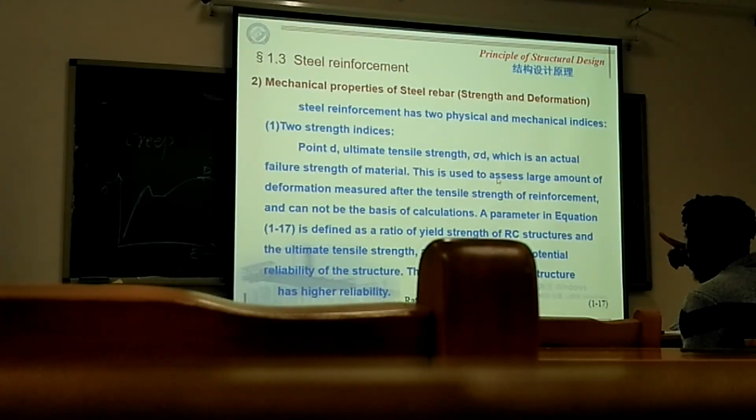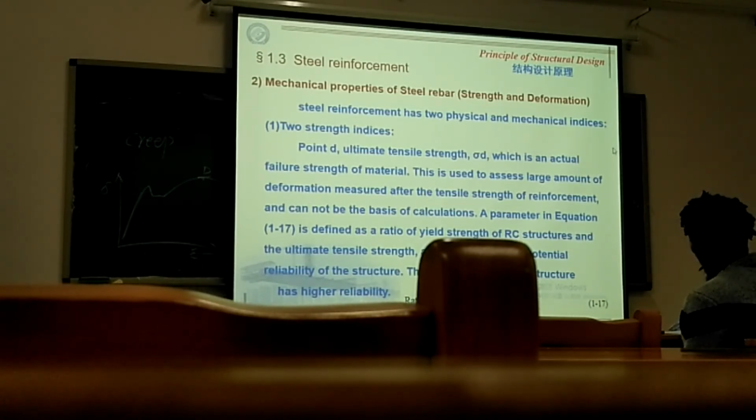So it reaches the maximum point, meaning it's about to break. That means the situation will be very dangerous. It's nearly a destructive failure.